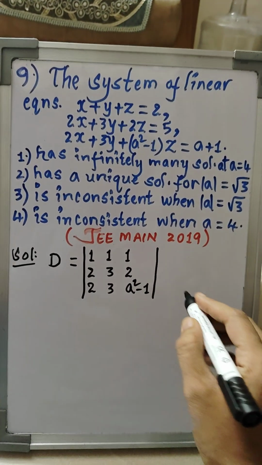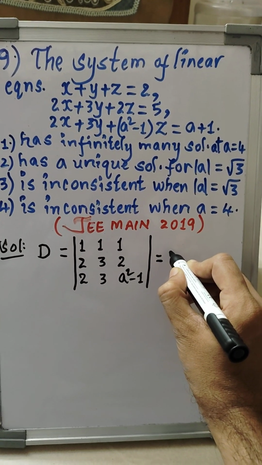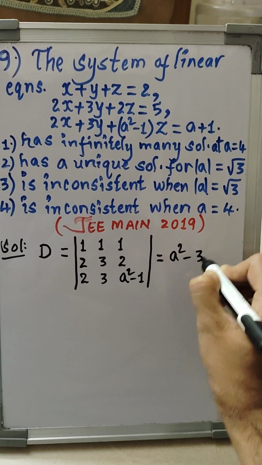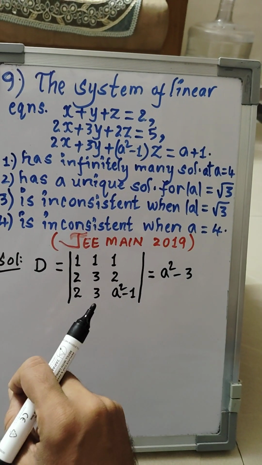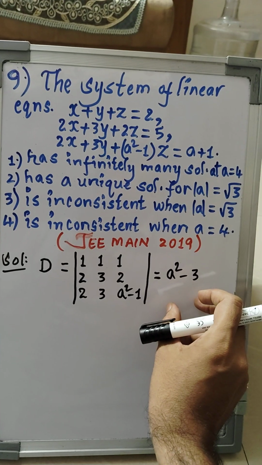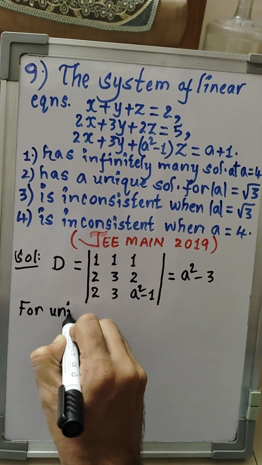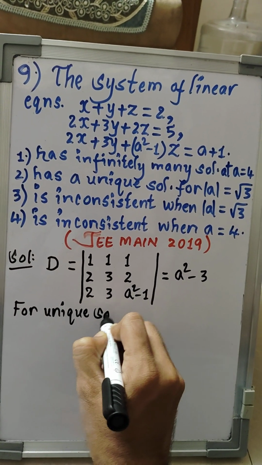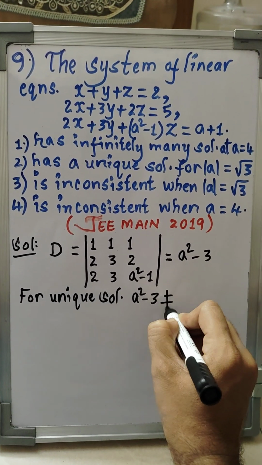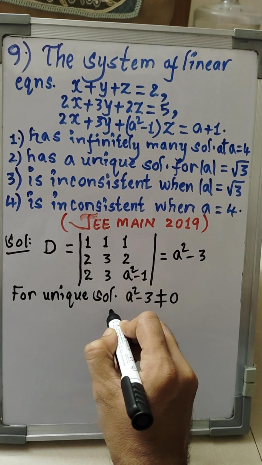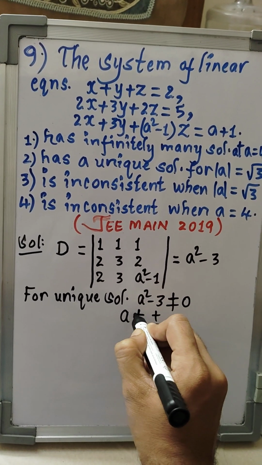On simplifying, when you find the determinant value, you get a² - 3. For a unique solution, this determinant value should not be equal to 0. So a² - 3 should not be equal to 0. That means a should not be equal to plus or minus root 3.